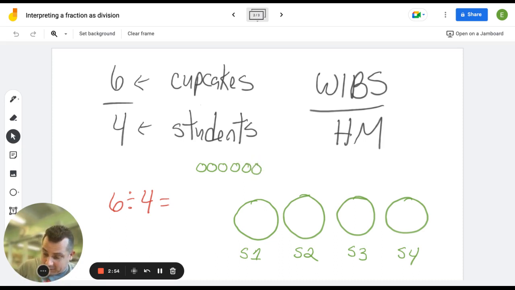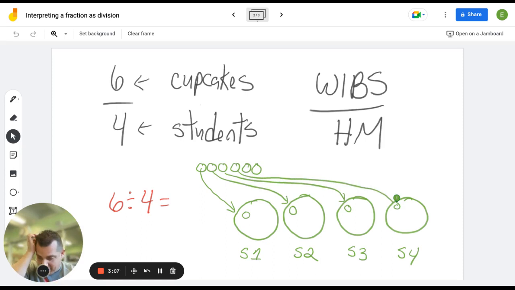And I'm now going to move my 6 cupcakes into the groups. There's 1 cupcake, 2 cupcakes. There's my 3rd cupcake. Here's my 4th cupcake, right? Now, what do I have left? Well, I still have my 2 cupcakes left.